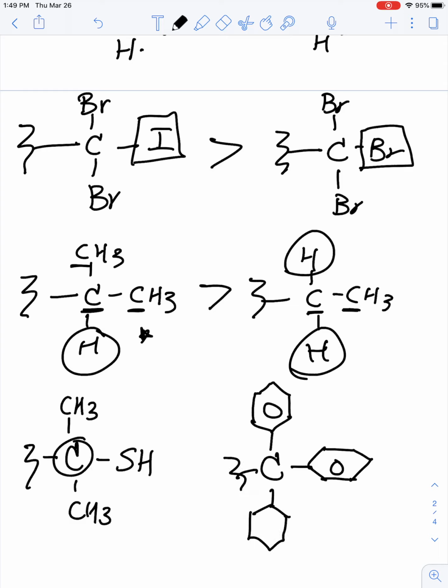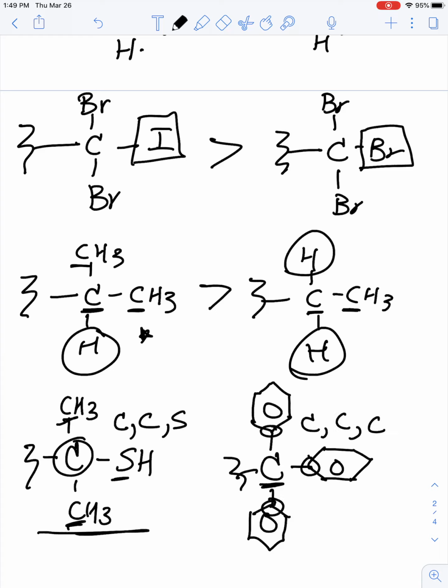This carbon here is attached to a carbon and a sulfur. This carbon here is attached to a carbon and a carbon.